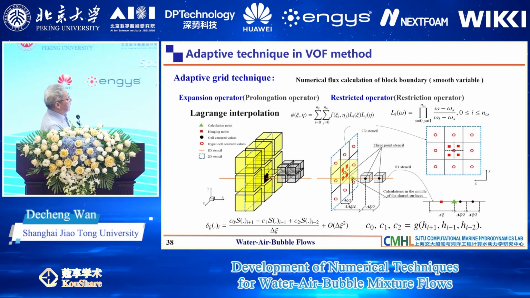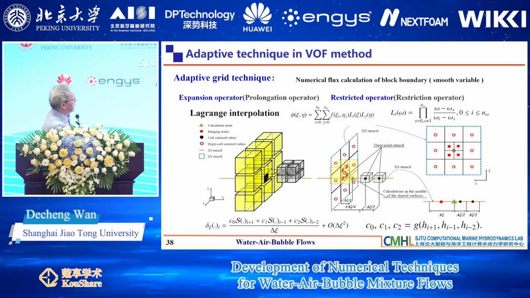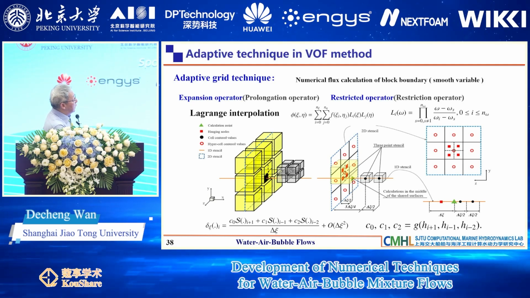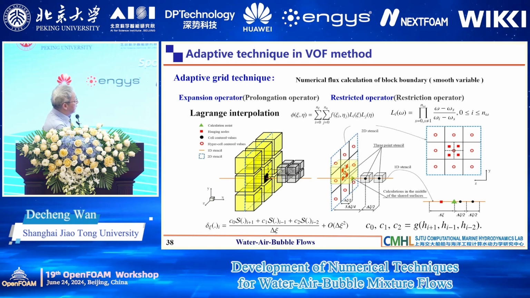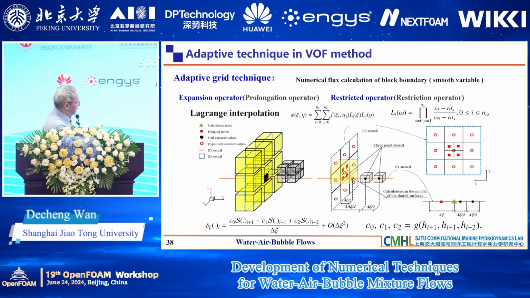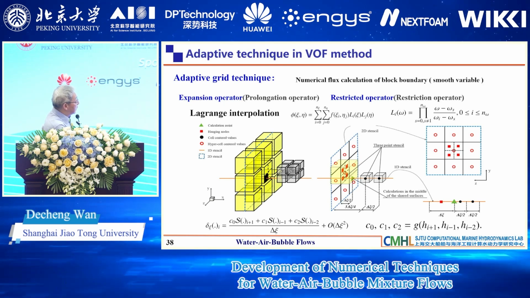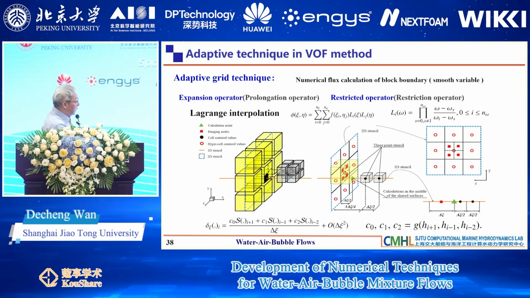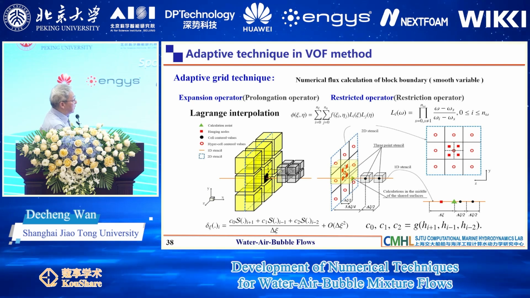Another adaptive approach is the adaptive grid technique. For the smooth variables, we use this kind of adaptive grid technique. One is the expansion operator, using Lagrangian interpolation. Another one is the restriction operator, going from the fine scale to the coarse scale.